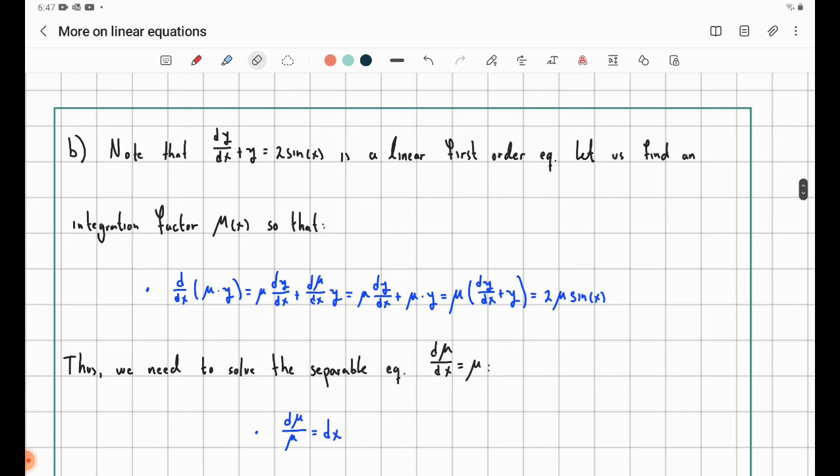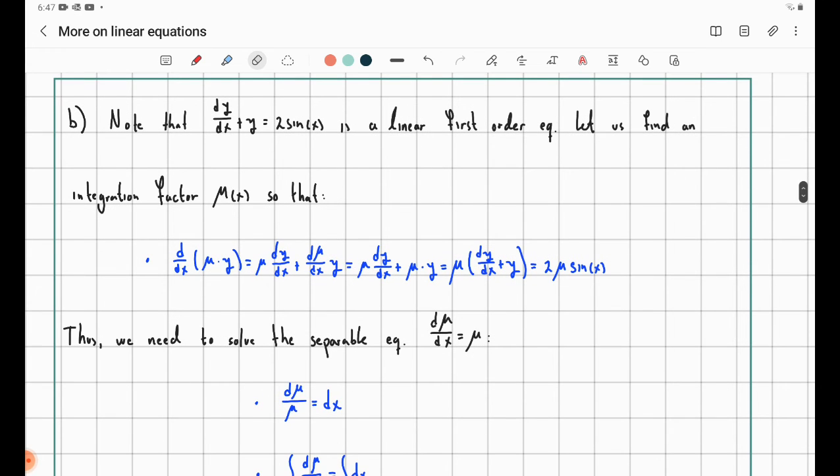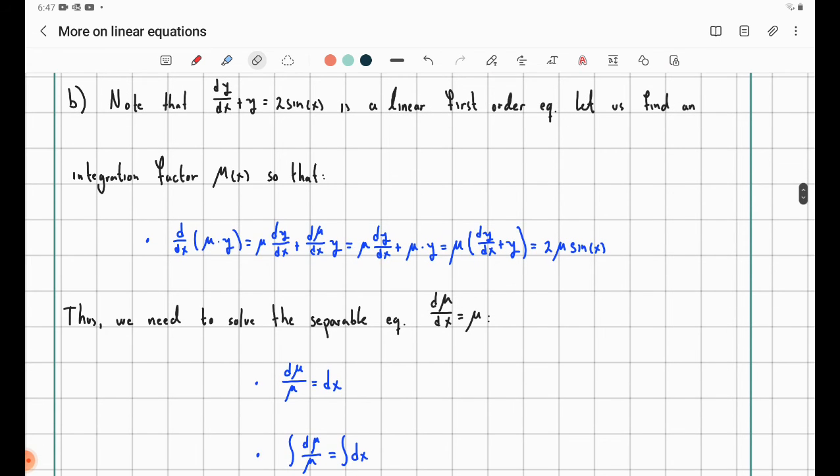In order to find the general solution, we can of course consider an integration factor. In this case, the function p of x is the constant function 1, identically equal to 1.